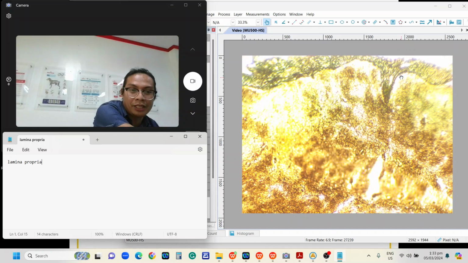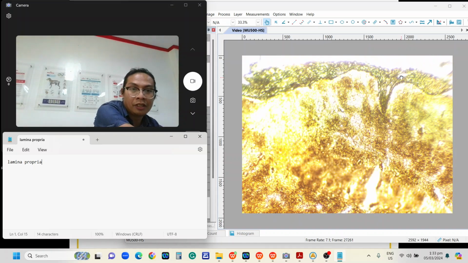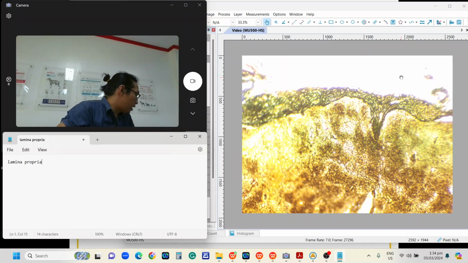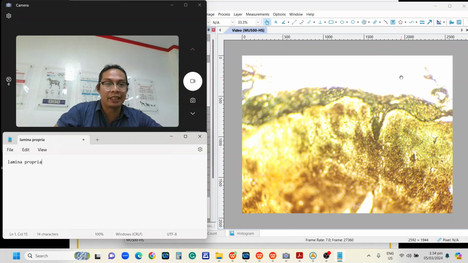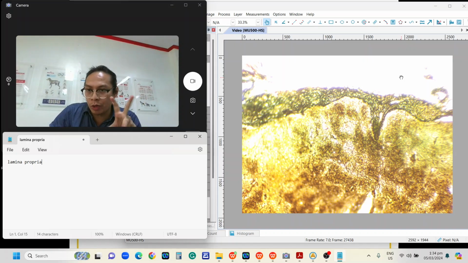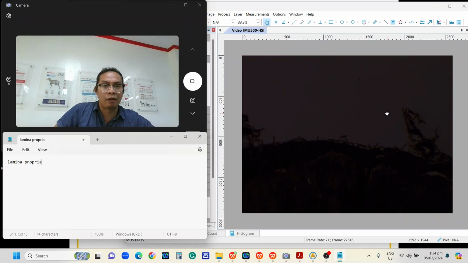It can only be stained by periodic acid-Schiff stain or silver stain. Kagaya nitong section na nasa inyong screen, that is a silver stain of a reticular tissue. It usually makes up the framework of a lymphoid organ such as lymph nodes. Tingnan natin tong fiber network na yan. So those are reticular fibers.